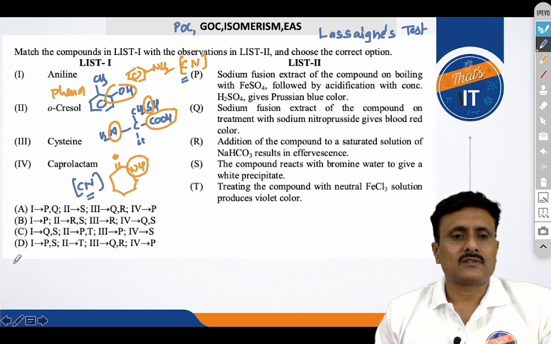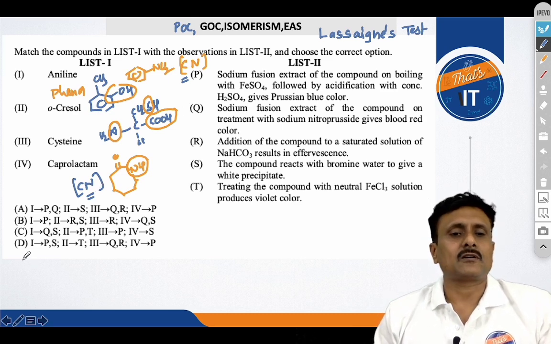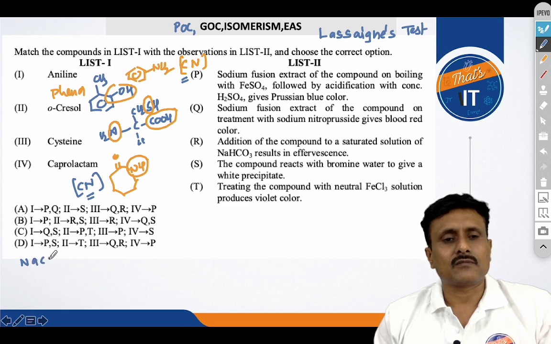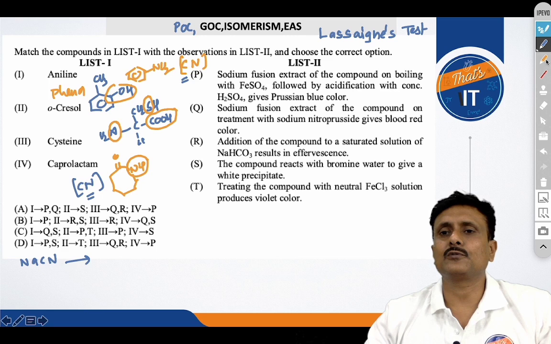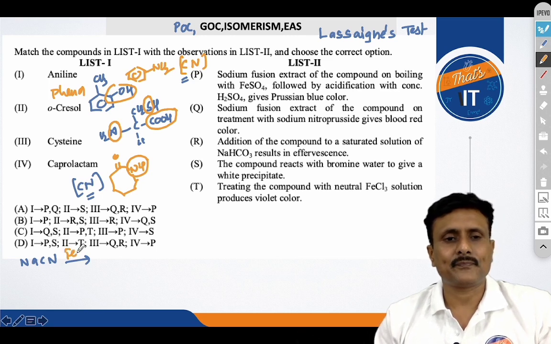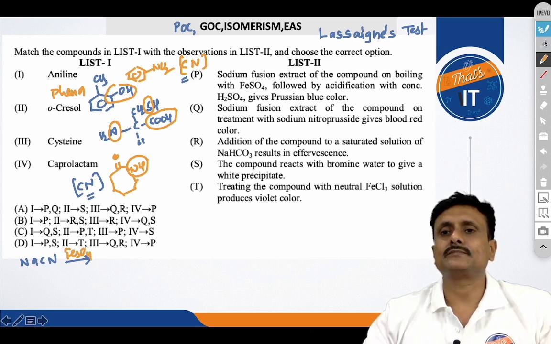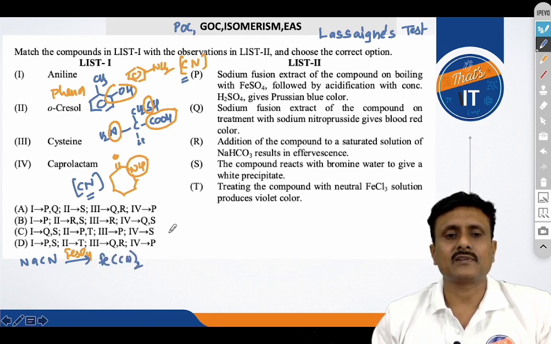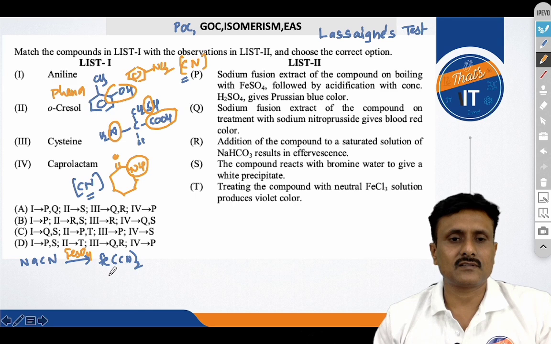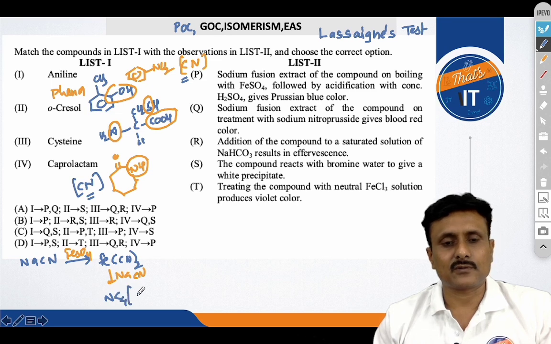As we all know, when nitrogen is present along with the carbon, the sodium fusion extract contains sodium cyanide, which is added to FeSO4. As we all know, the reaction gives rise to what? Ferrocyanide. Alright, when this is treated with the excess of NaCN, it gives rise to sodium ferrocyanide.